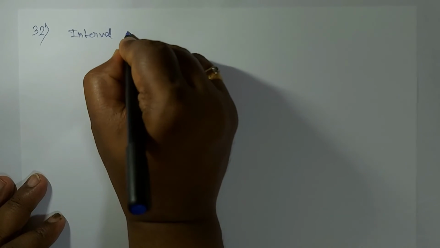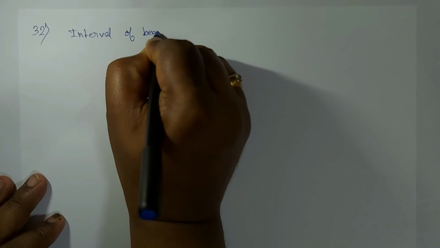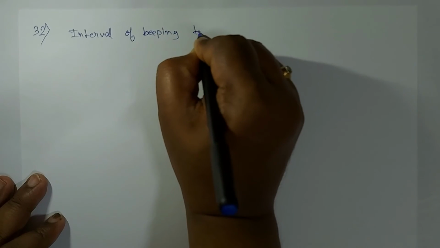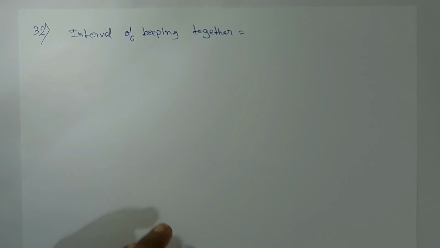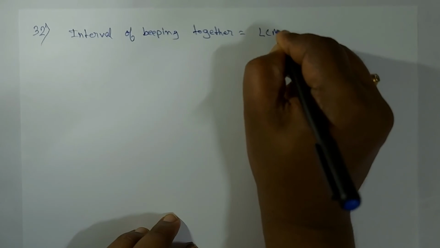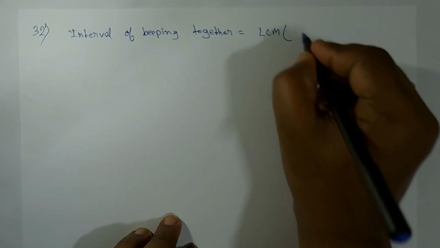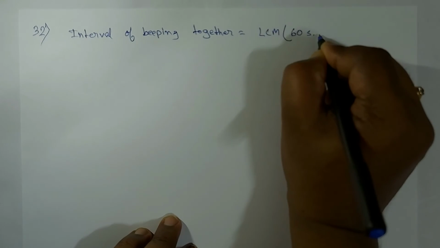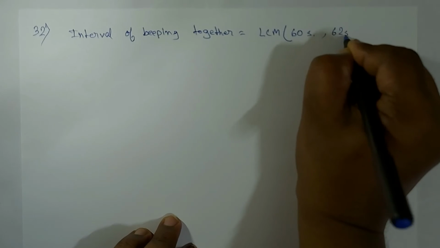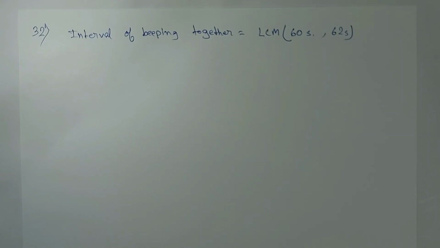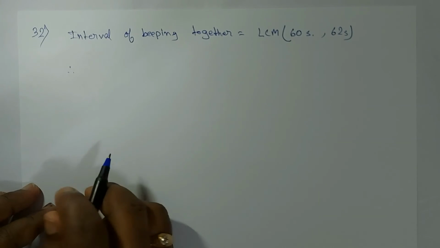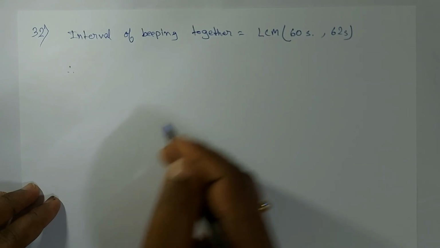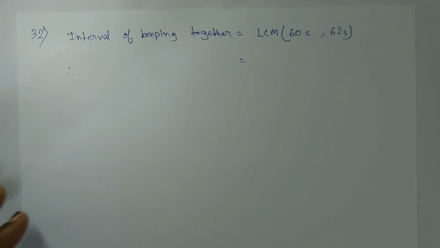The interval of beeping together is equal to the LCM of 60 seconds and 62 seconds.